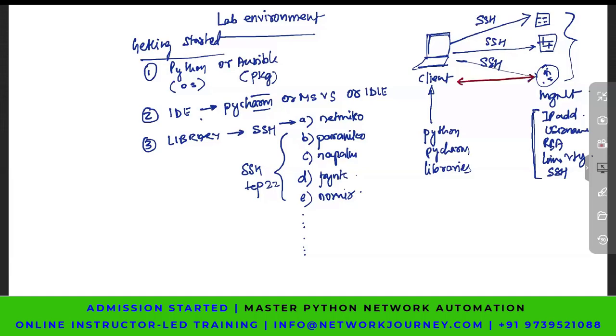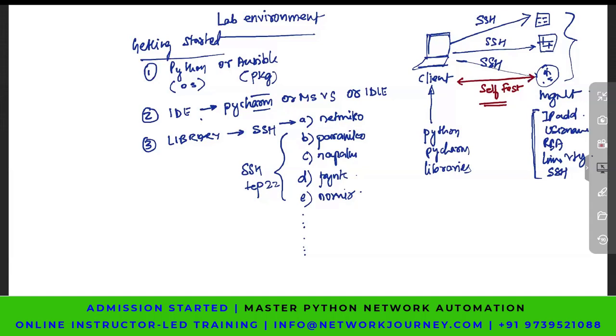Then what you need to do is a self test first. Self test just to make sure you have the basic connectivity. So from the client to the devices, you have the self test. Don't run the script until you have done the self test, because what happens then, you will start blaming your script, saying that your script is having a problem, or you would still blame the script, that the script is not good.